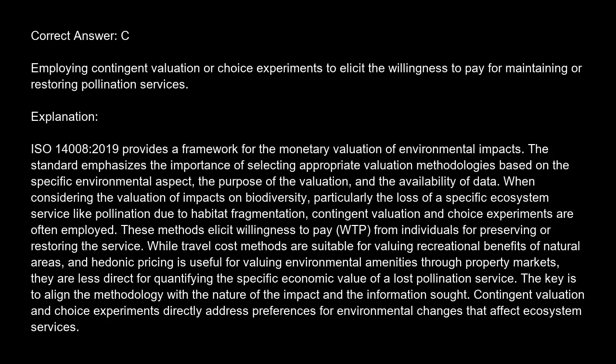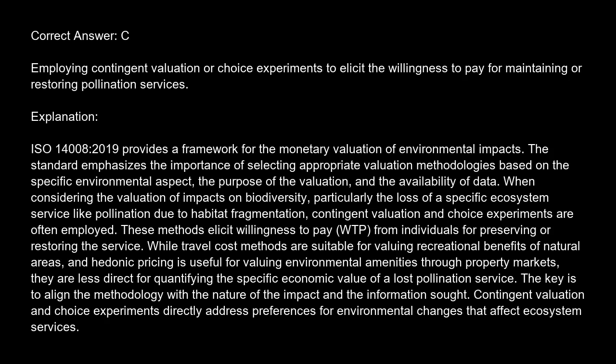When considering the valuation of impacts on biodiversity, particularly the loss of a specific ecosystem service like pollination due to habitat fragmentation, contingent valuation and choice experiments are often employed. These methods elicit willingness to pay (WTP) from individuals for preserving or restoring the service, while travel cost methods are suitable for valuing recreational benefits of natural areas, and hedonic pricing is useful for valuing environmental amenities through property markets.